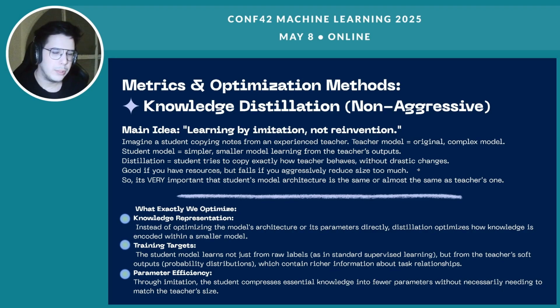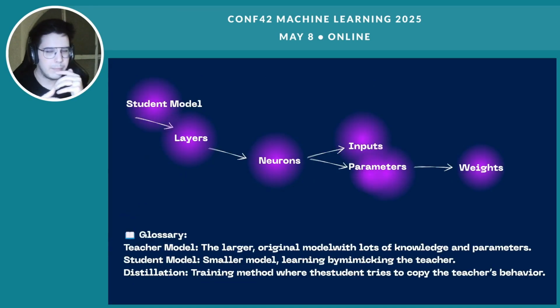Also, the most important note that we want to leave here is that distillation will work well only if the student model has nothing changed in the architecture, so both the student model and the teacher one should be pretty much the same. As you may see in the graph, it's not affecting anything in the architecture, but it just learns the outputs and the weights from the teacher, so it's all in one.